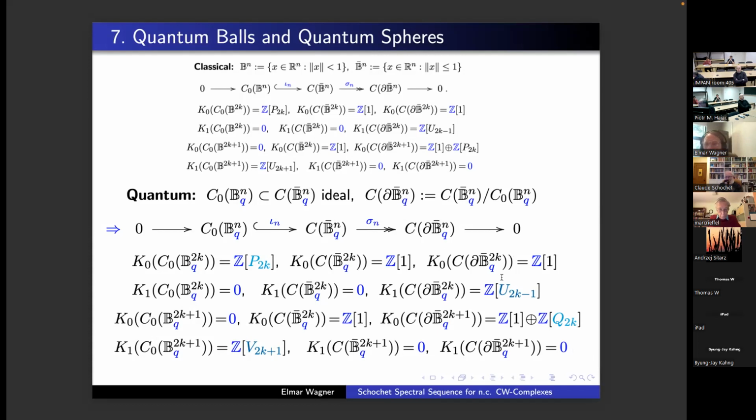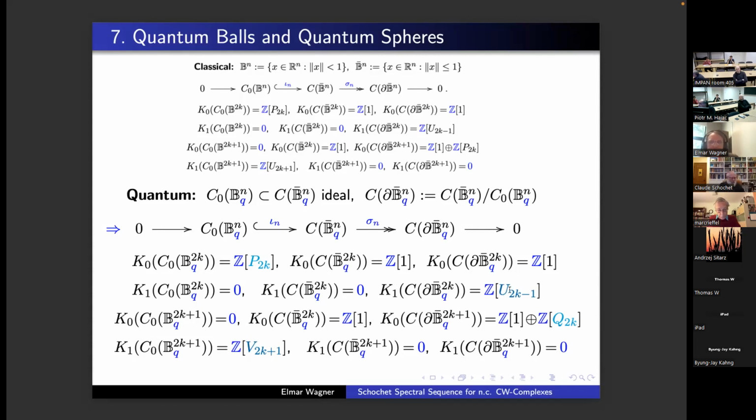Here again, K0 of an odd-dimensional quantum sphere is trivial. K1 of an even-dimensional disk, or even ball, is 0. Here we get this K1 of an odd boundary sphere.